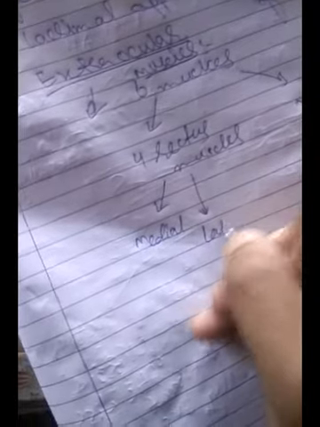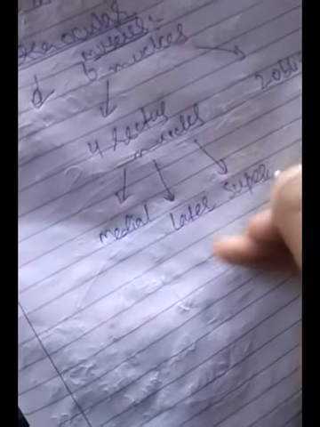The four rectus muscles are medial, lateral, superior, and inferior. The two oblique muscles are superior oblique and inferior oblique. This is the structure of the eyeball.